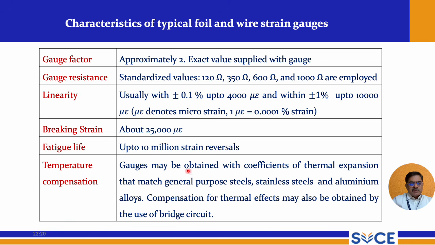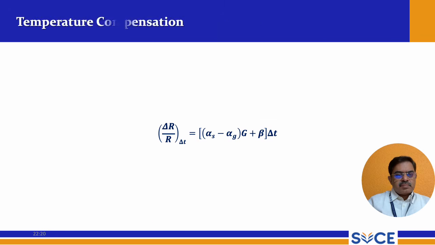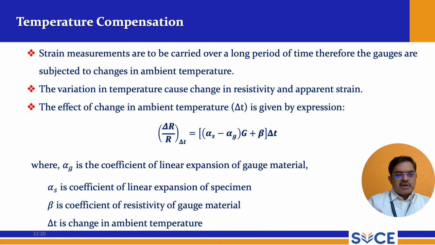And gauges may be obtained with coefficients of thermal expansion that match general purpose steels, stainless steels, and aluminum alloys. Compensation for thermal effects may also be obtained by the use of bridge circuits. So bridge circuits are used for compensation purposes. So this is temperature compensation.